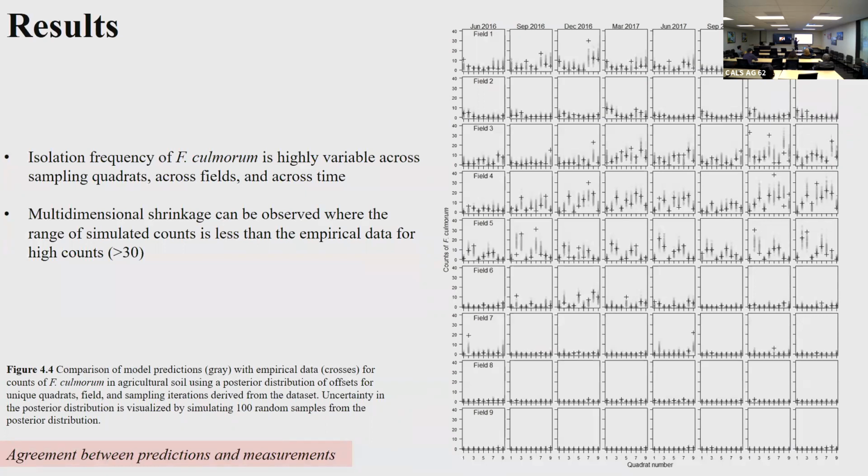And you can see for the most part, it ends up matching because there were so many options on the roulette board, essentially. However, there are still cases where there are high counts that aren't getting matched, and that phenomenon, just for a sort of jargony word, is multidimensional shrinkage. What's happening is that it's pooling all of the information together, and given that there are so many low counts, it's skeptical of predicting counts that are high. But it's fitting what I'm giving it, and that's just what this is doing.